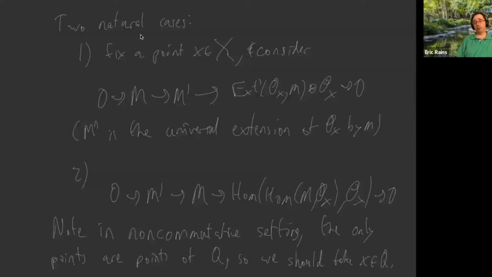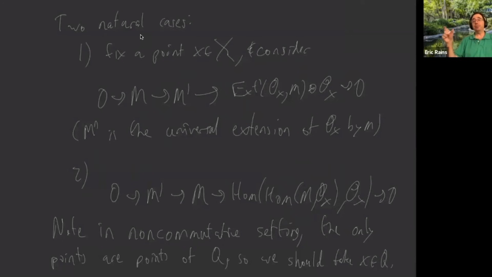Right. So one thing to note, that if X is in Q, well, in order to have a map like this, or in order to have an extension, X and the support of M cannot be disjoint.